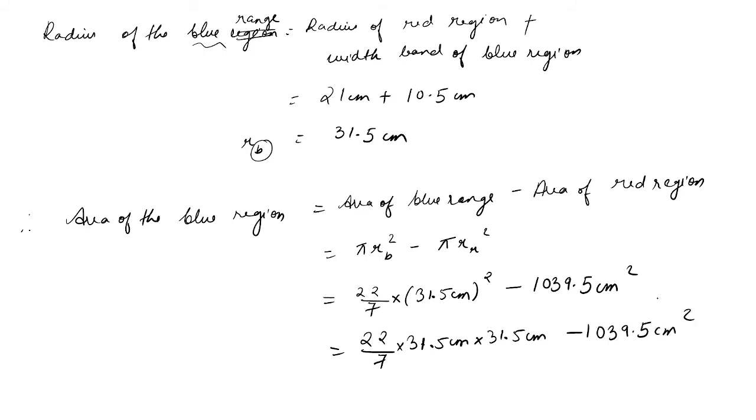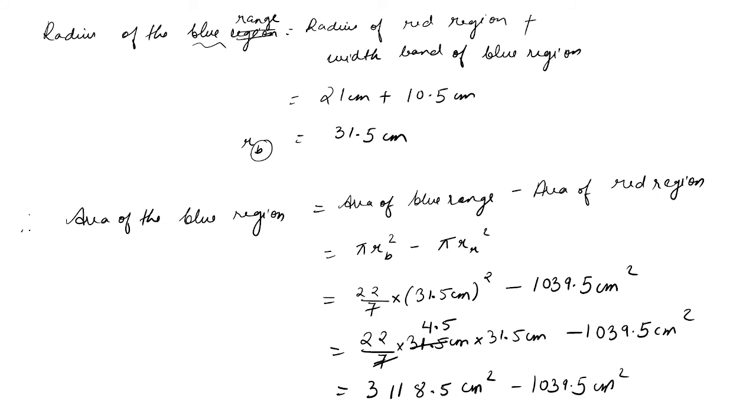Clear with this? Using the same way as we did, you find this out. 7 into 4.5 will give you 31.5, and when you multiply all of this, you'll be getting 3118.5 centimeter square. You do the calculation yourself, I'm just skipping it in order to save some time.